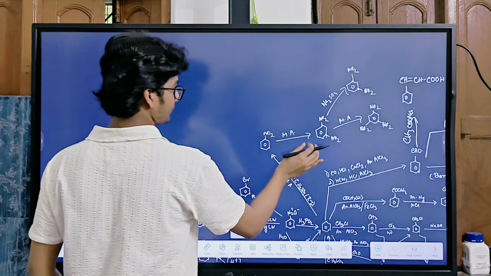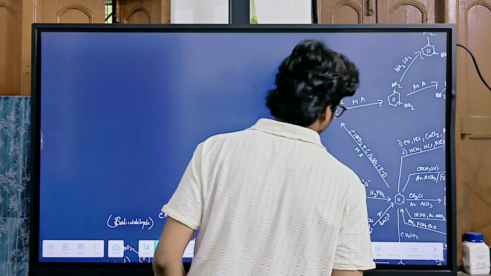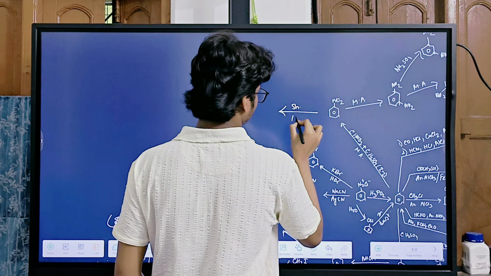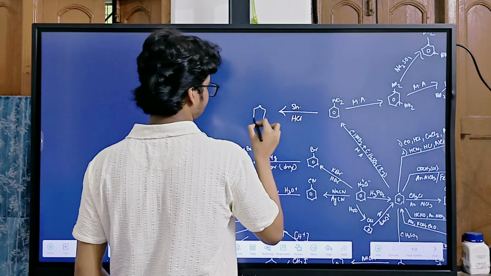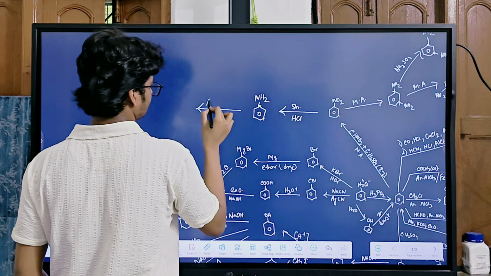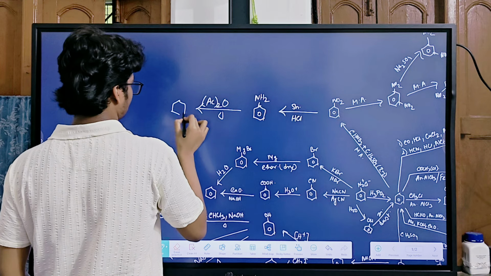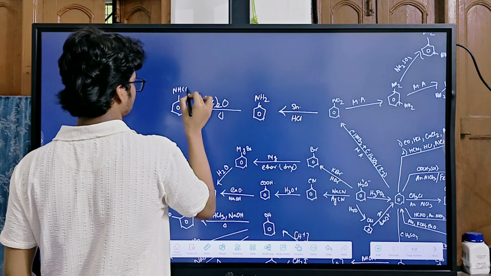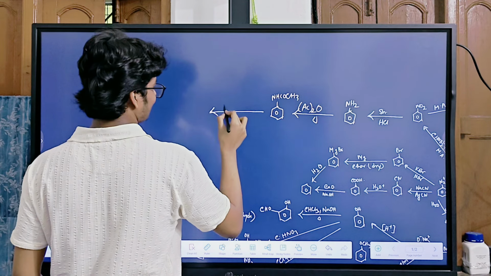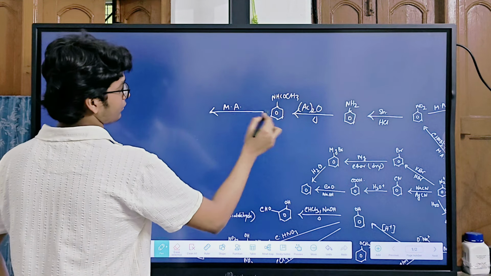So this one is complete. Because we have seen this meta condition, let us try to make the para condition. Then we have to first reduce it to NH2, and then we can use acetic anhydride, which with heat will form NHCOCH3. Now on this, if we add the mixed acid, that is concentrated H2SO4 and concentrated HNO3, then NO2 will enter the para position.